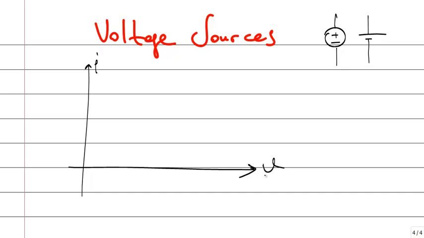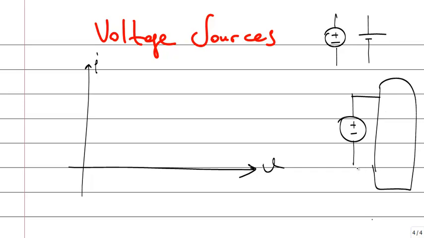If you connect some components, there may be some current on the components. Assume that you connect some circuit to the voltage source. Let me connect. This is a circuit. I don't know what's inside.